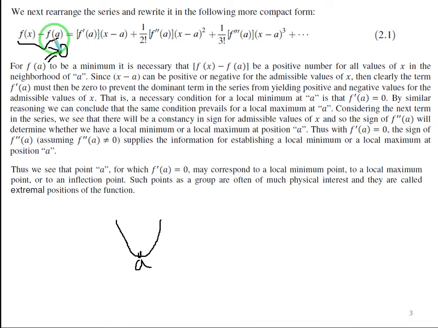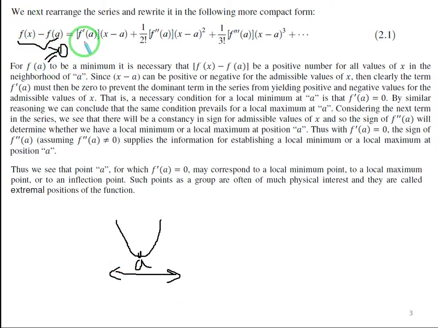In the local neighborhood, for example, this is a very small neighborhood of point A, or an admissible neighborhood of point A, the left-hand side must be a positive number.